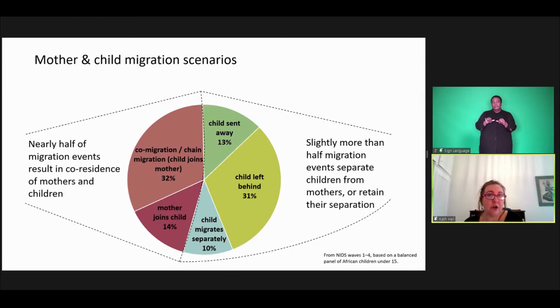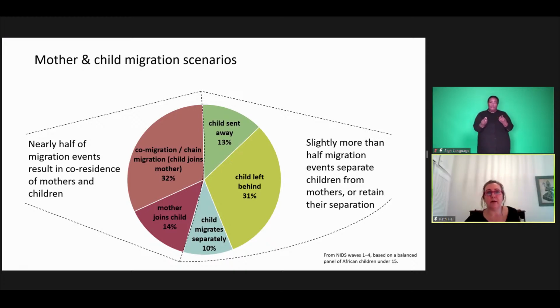Whereas when children co-migrated with mother, or whether there was chain migration where children joined the mother or the mother joined the child, they were more likely to end up together. So what we're seeing is a kind of continuation of the past family fragmentation, but also a move to something that looks like more family co-migration or child and maternal co-migration.